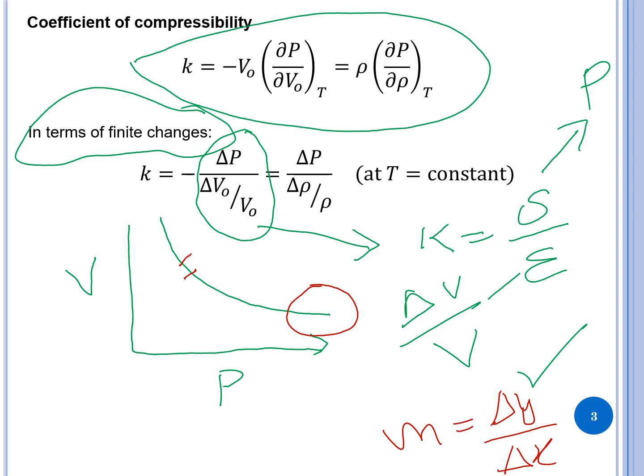In terms of density, it can be written as del P over del rho over rho at a constant temperature. And remember, we are discussing for a unit mass. That's why del V is basically del rho. Okay, I hope it is clear to you now.